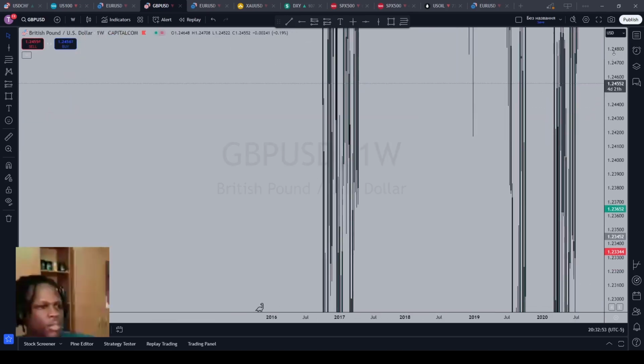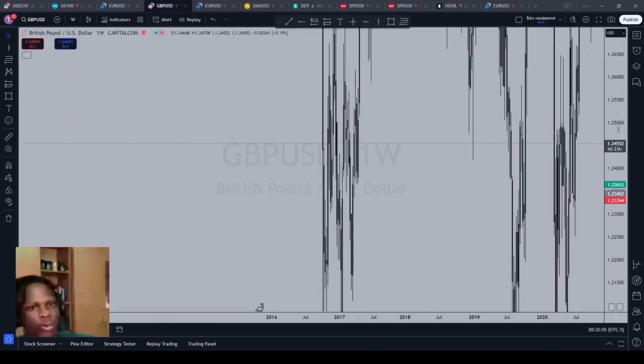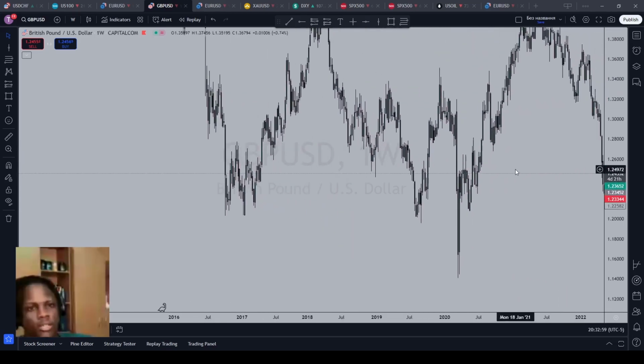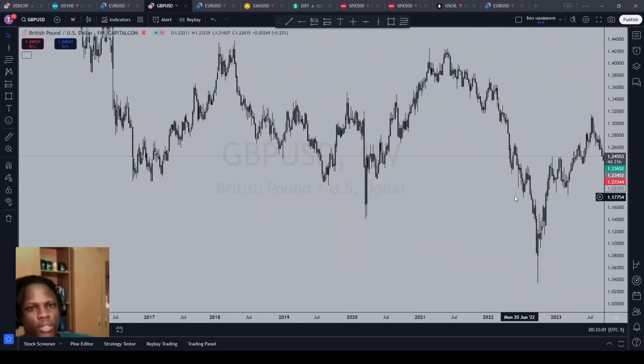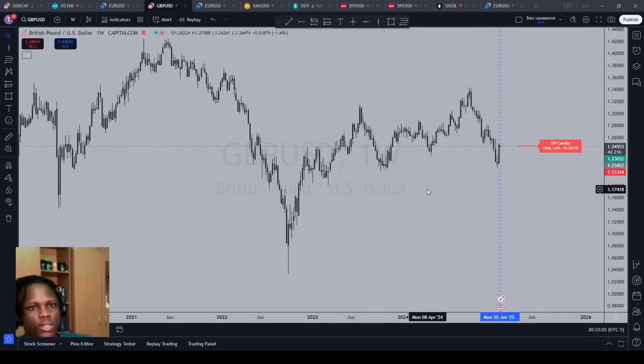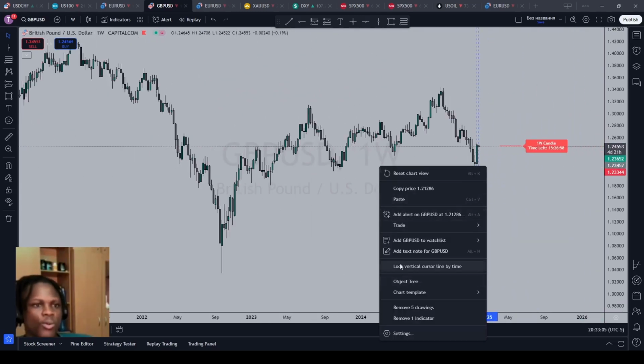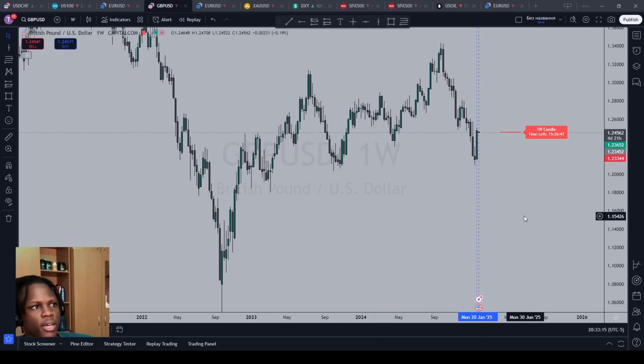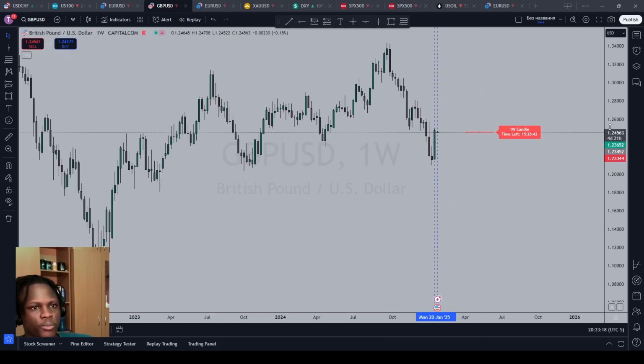They actually move more alike, just like the US 100 and US 500, Nasdaq and S&P. These markets are correlated: if one is going down, the other is also going down. That's how I'm able to find my A plus setups.